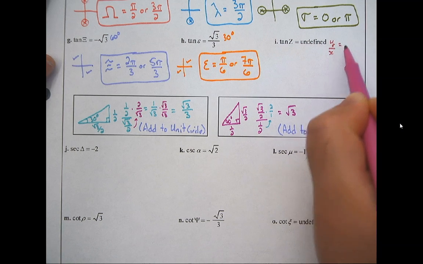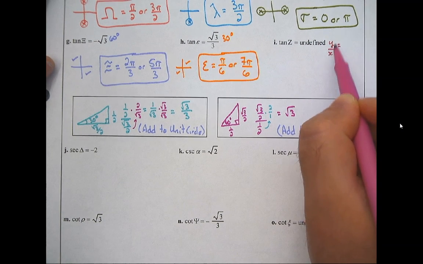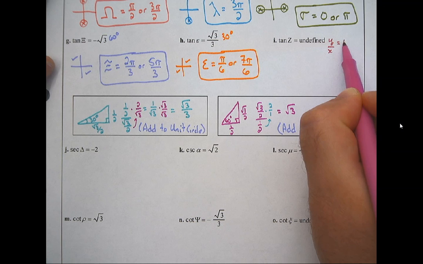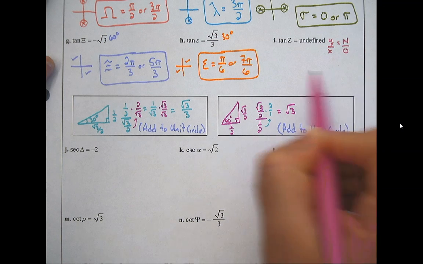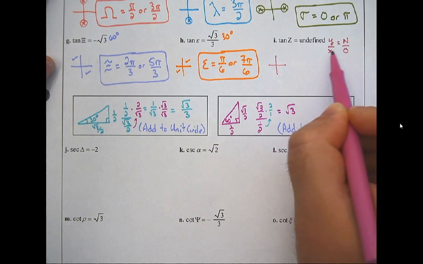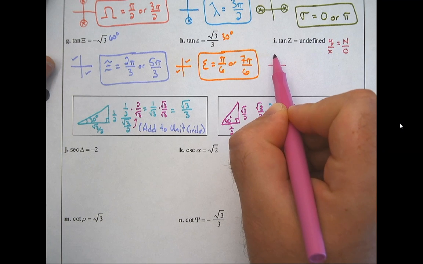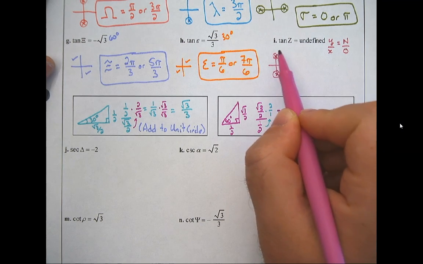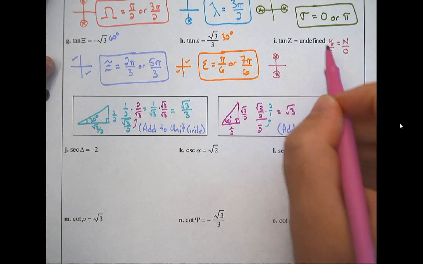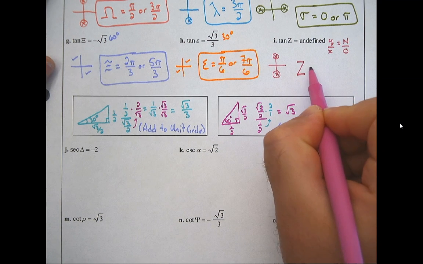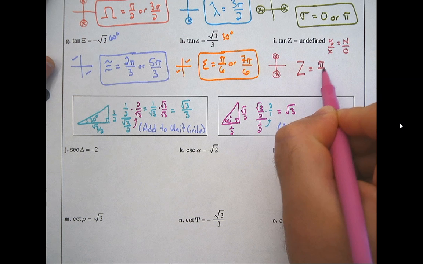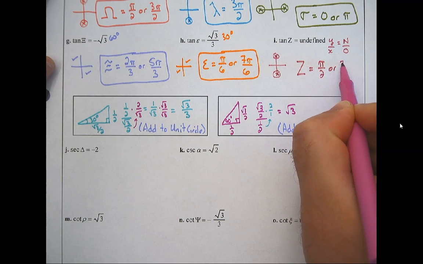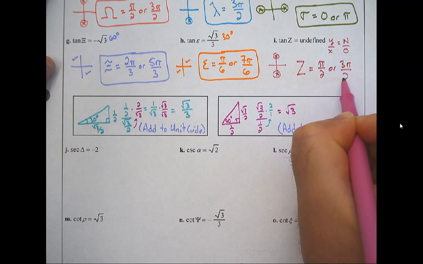And for tangent to be undefined, where would the 0 have to be? Would it have to be okay or no good? It has to be no good. So we want to find the places where x is 0. X is 0 here. X is 0 here. So what's that? That's 90 and 270. So zeta would be equal to pi over 2 or 3 pi over 2.